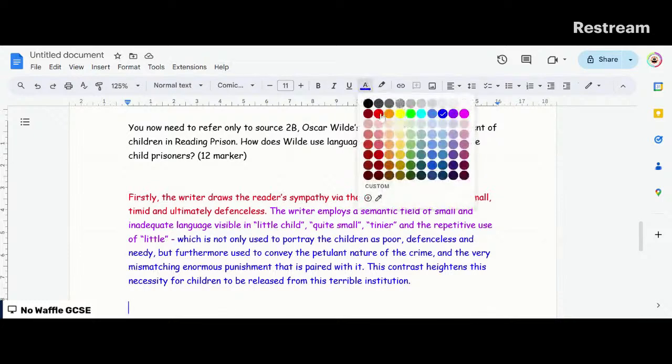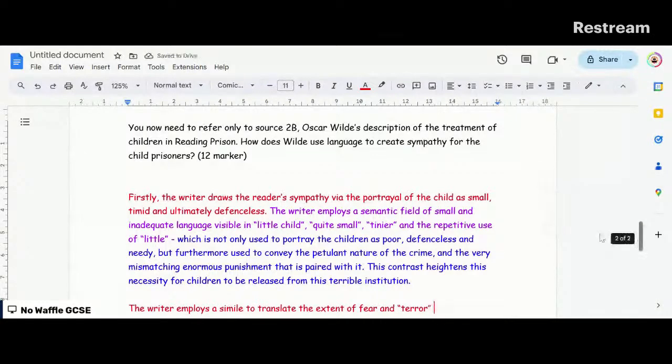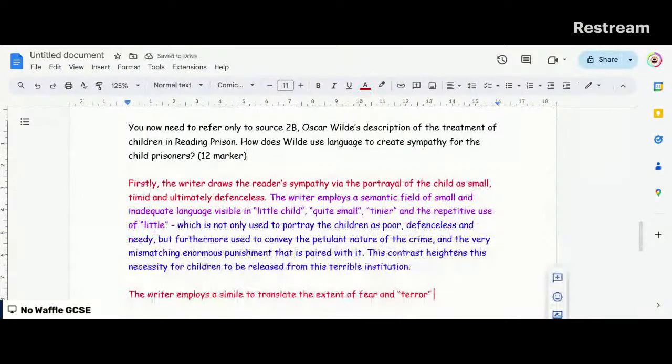So, our next point, the writer employs simile to translate the extent of fear, and we can quote embedded quote terror as that's used, and terror that the child is struck with. Thank you, Chidima. Okay. And then we want to supplement this with the actual evidence.